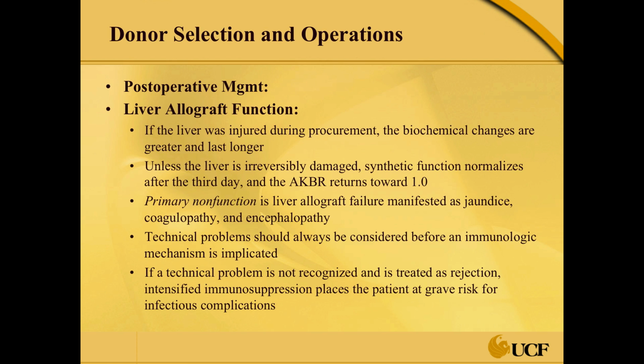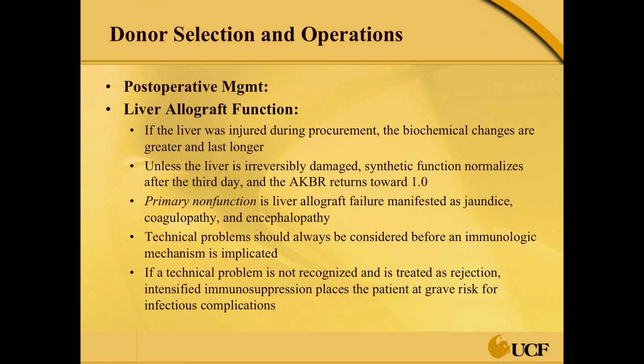Okay, technical problems should always be considered before an immunologic mechanism is implicated. In other words, we don't want to just jump to the conclusion that this is rejection, because we want to make sure that technical problems like, for example, hemorrhaging and coagulopathy are addressed rather than just throwing a pharmaceutical at it and thinking, oh, this is just rejection, all right?